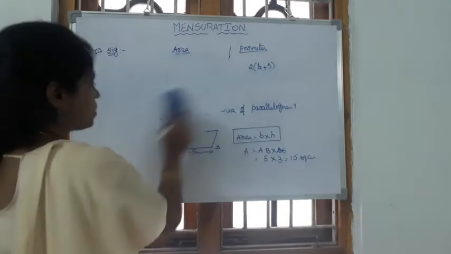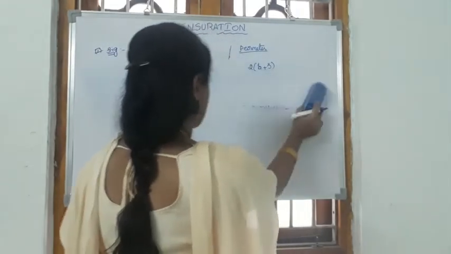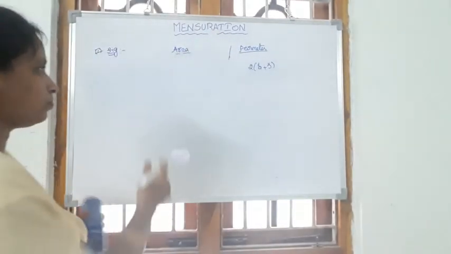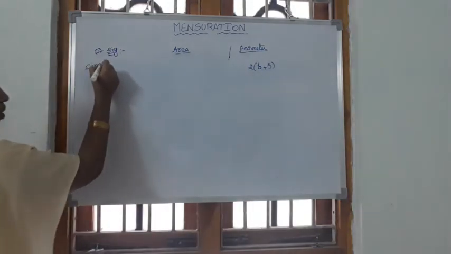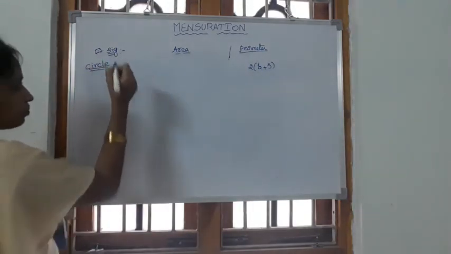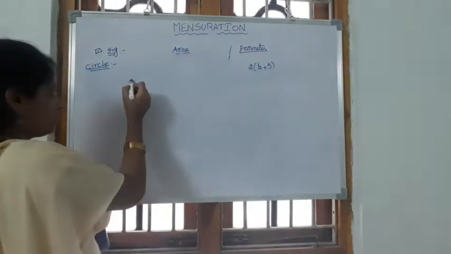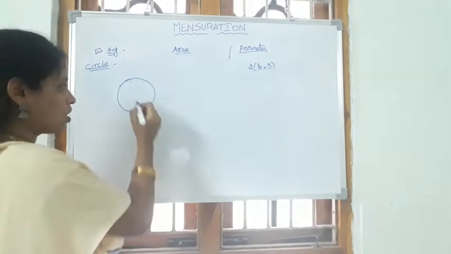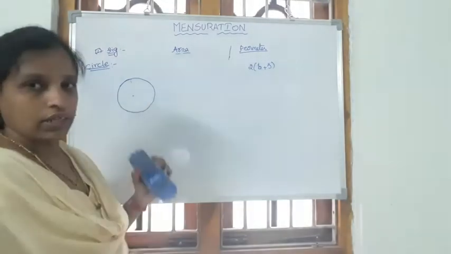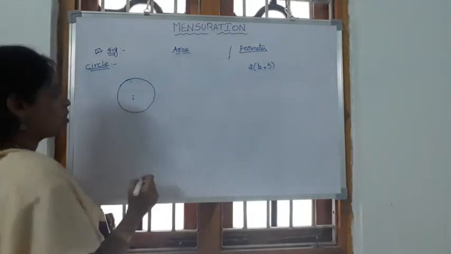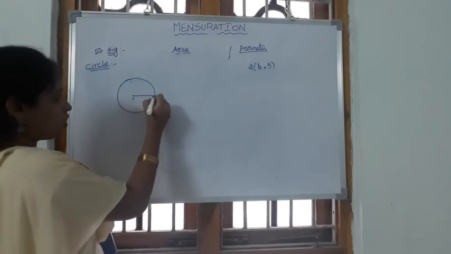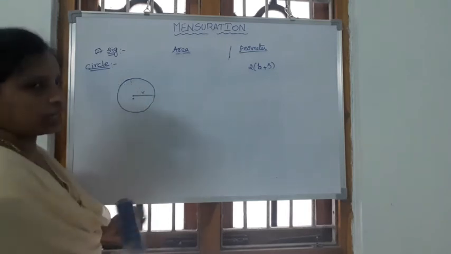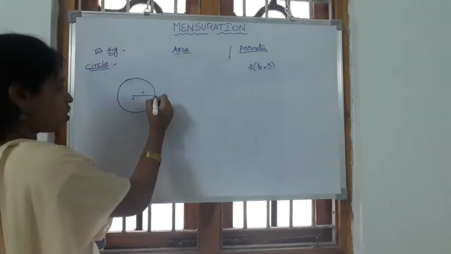Next figure is circle. This is the circle and the fixed point is called the center of the circle, denoted by O. From the fixed point to any point on the circle is called its radius, denoted by the letter small r.